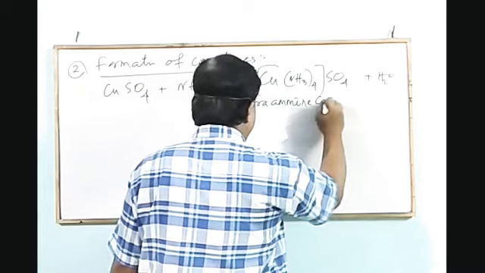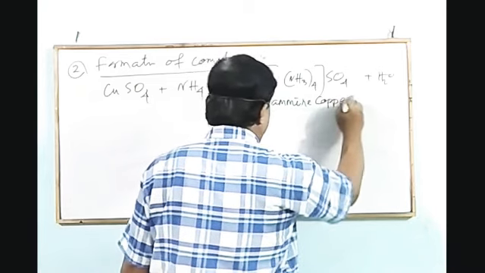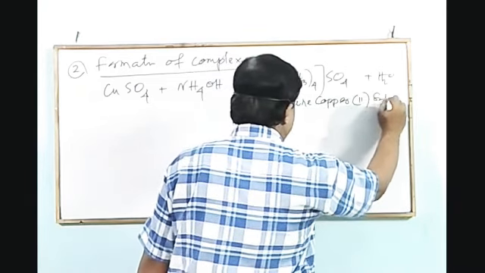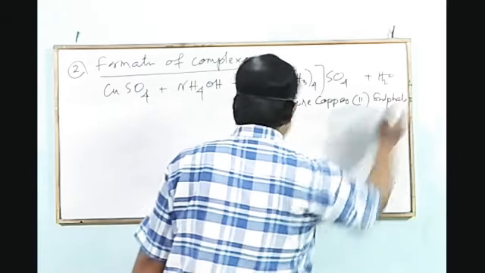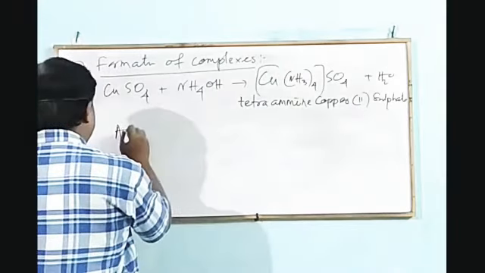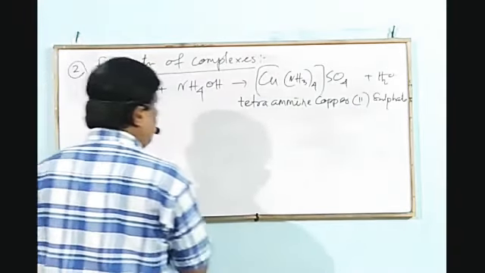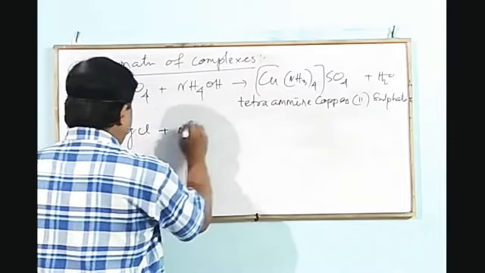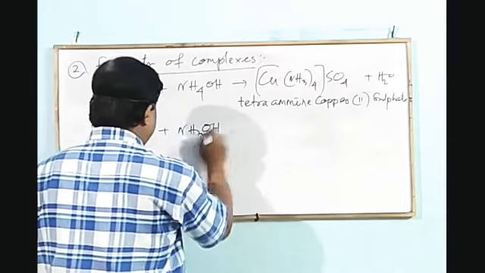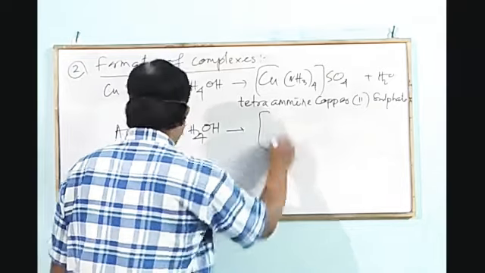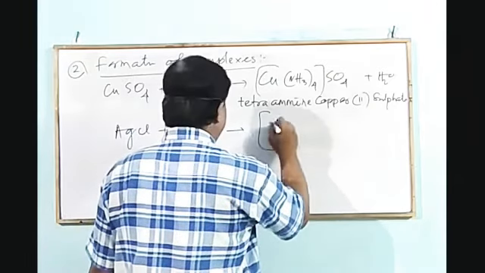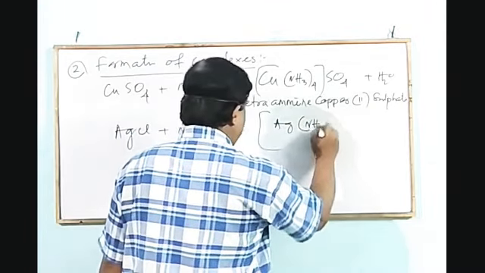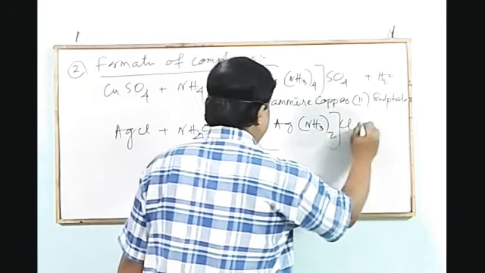Similarly, silver chloride treated with ammonium hydroxide results in the formation of diamine silver 1 chloride.